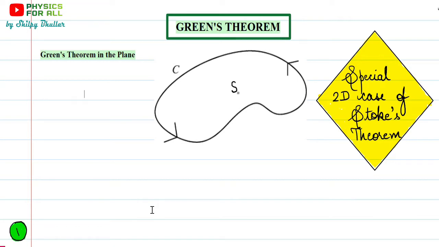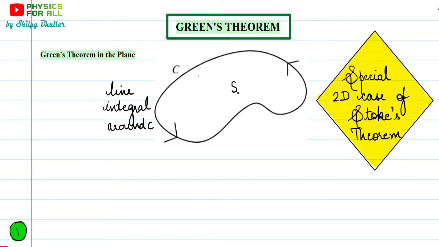So it gives the relationship between the line integral around that closed curve C in a plane and a double integral over the plane region S, which is being bounded by the curve C. You can see here that this curve is a closed one.